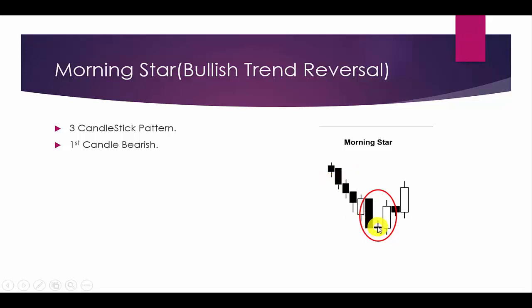Now the second candle should be small, with a small body and bigger wicks or tails. This candle will be showing us indecision. First candle bearish, second candle with small body and long tails.